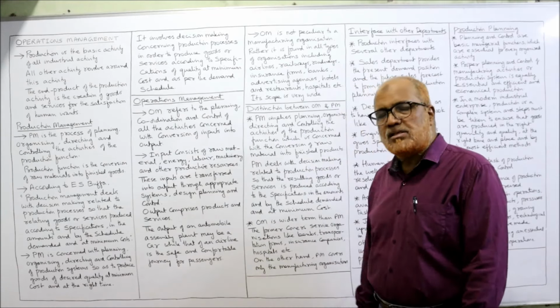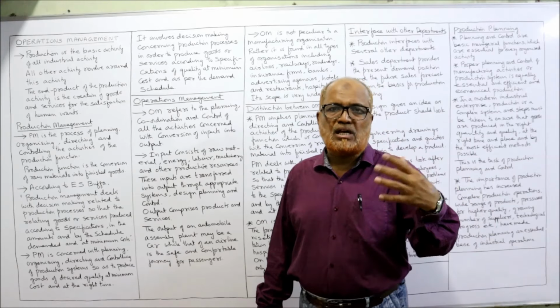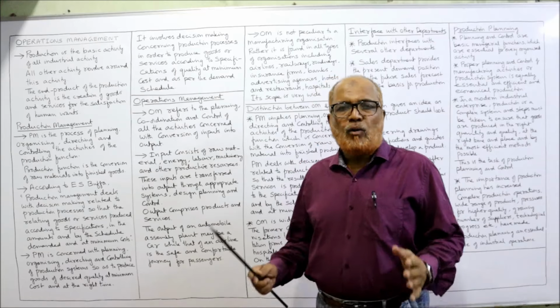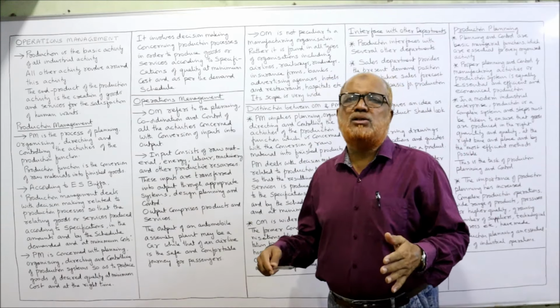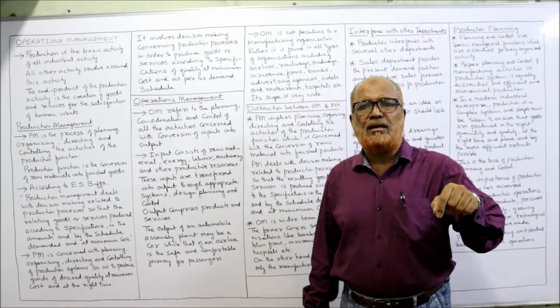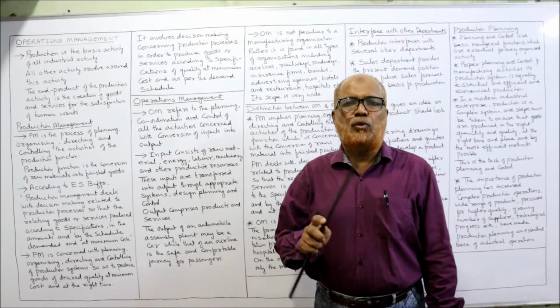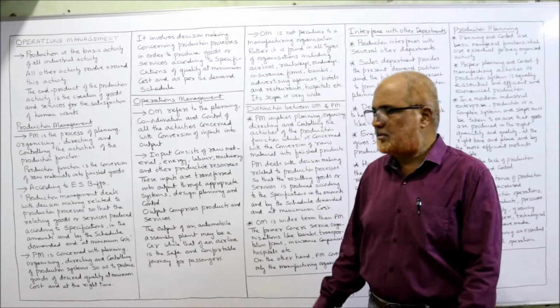Now, output comprises products and services. The goods produced or the services provided, that is the output. So the business will procure all the resources, combine all the resources, make some planning, coordination and controlling in order to convert that input into output, and the output consists of goods and services.